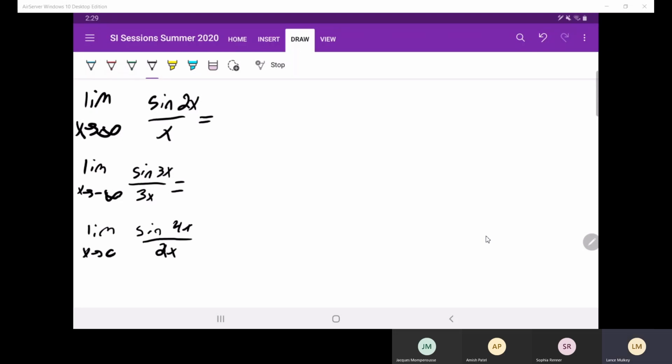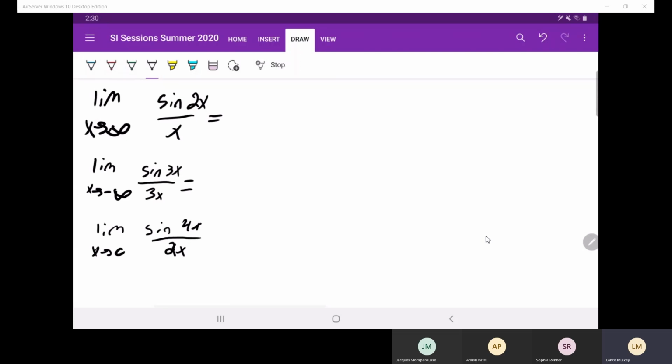Anybody saying it's 2 or disagreeing with that? Who all says this is 2? Anyone else?